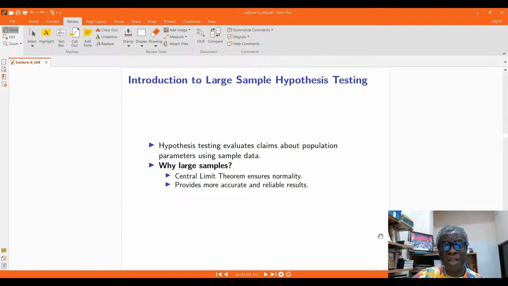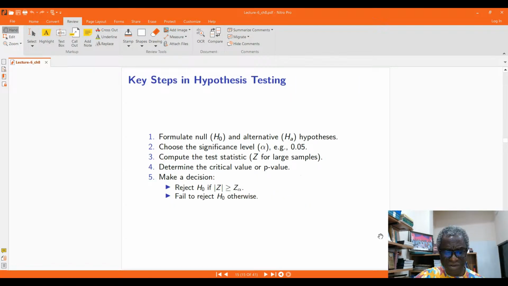So there are five important steps that we must always follow anytime we are testing hypotheses. The first one is stating or formulating the hypothesis.